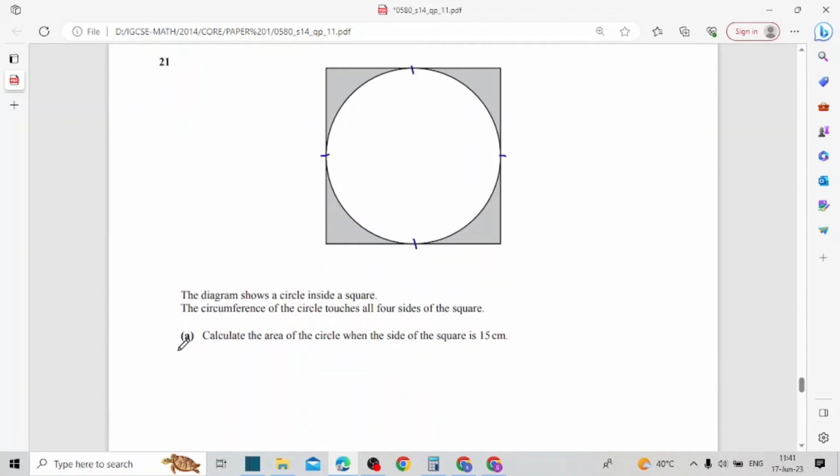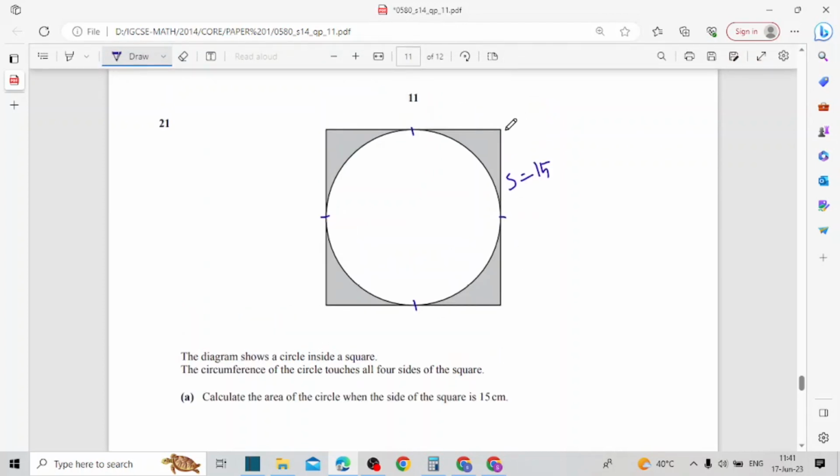Then calculate the area of the circle when the side of the square is 15 centimeters. One side, this side S is equal to 15 of the square. Right from the beginning to the end, this whole length, and the square has all four sides equal. So everywhere it's 15, 15, 15, 15, right?